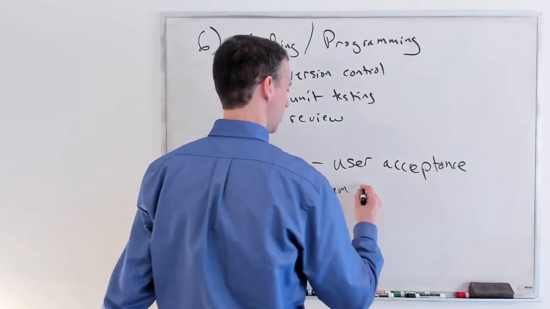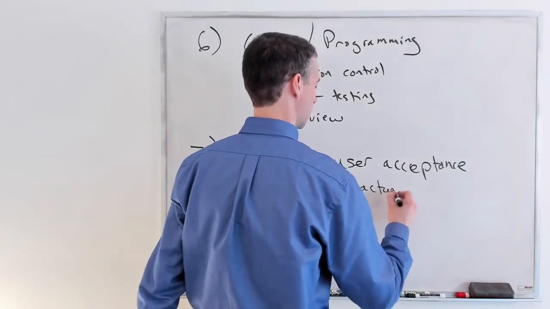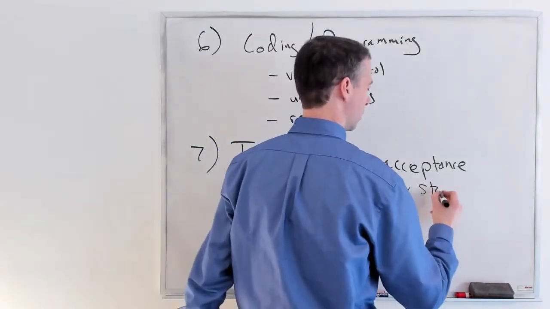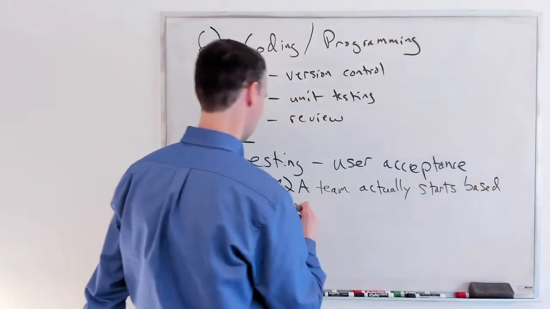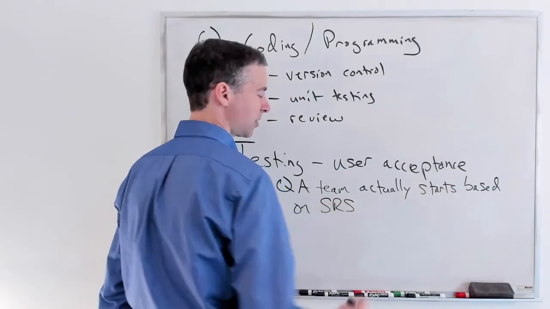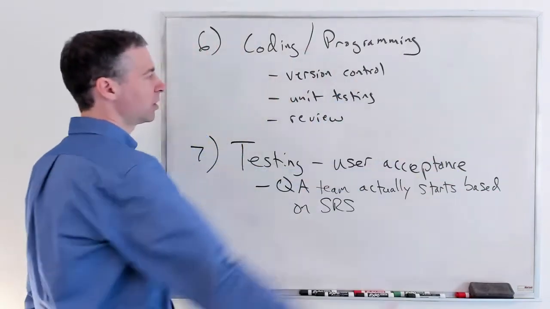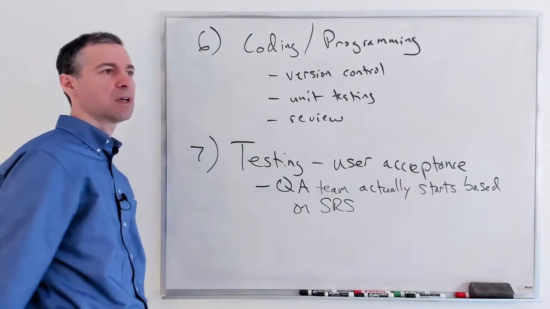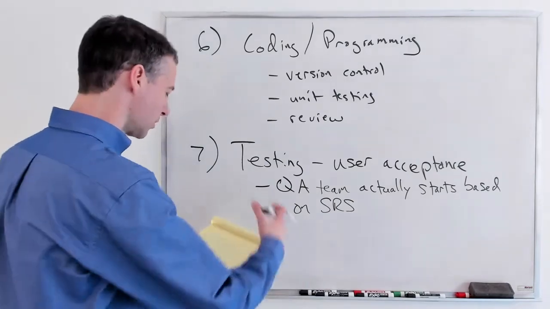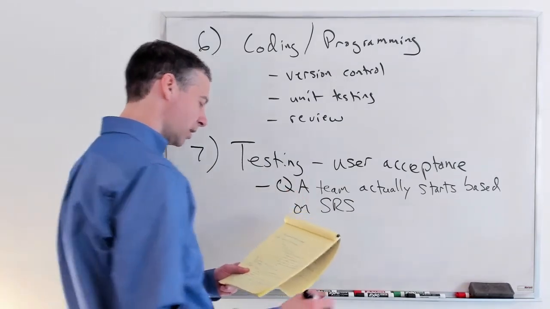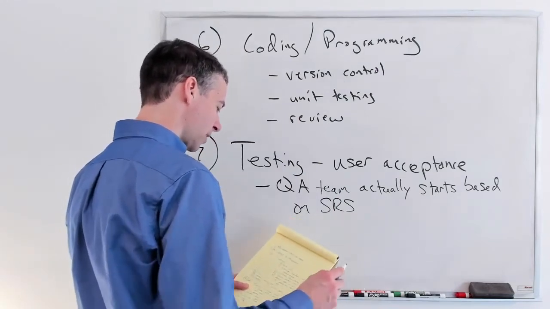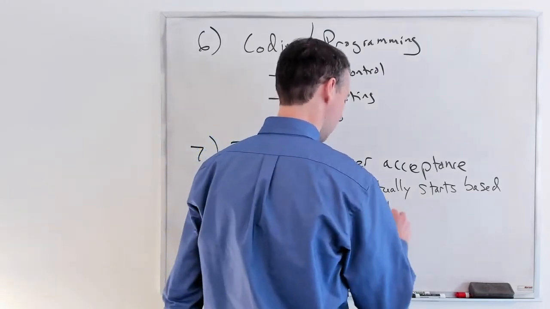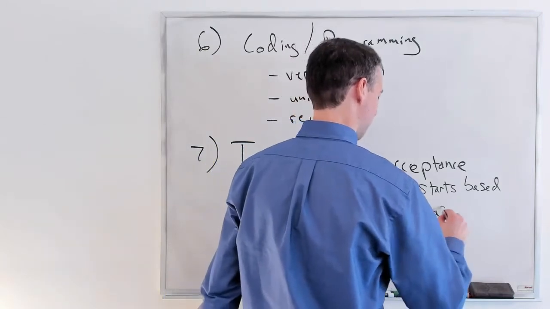And the QA team actually starts working on this based on the software requirements specification. They don't wait for the coding to get done. Everything would be massively delayed. So they take the software requirements and design specification, and they start writing their test cases.